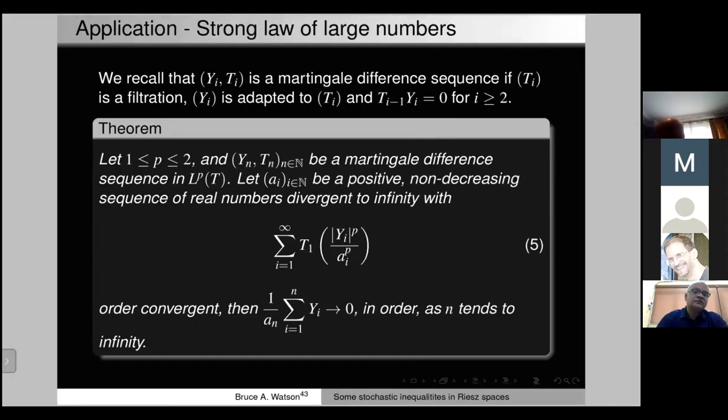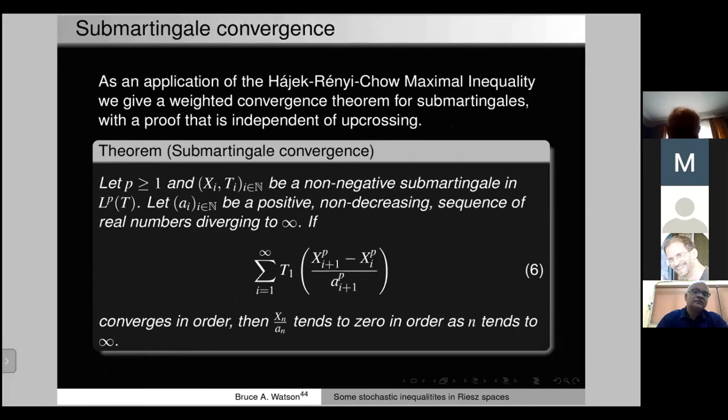And as a consequence of that, one has a strong law of large numbers. And if one has the energy, it also yields a sub-martingale convergence theorem.